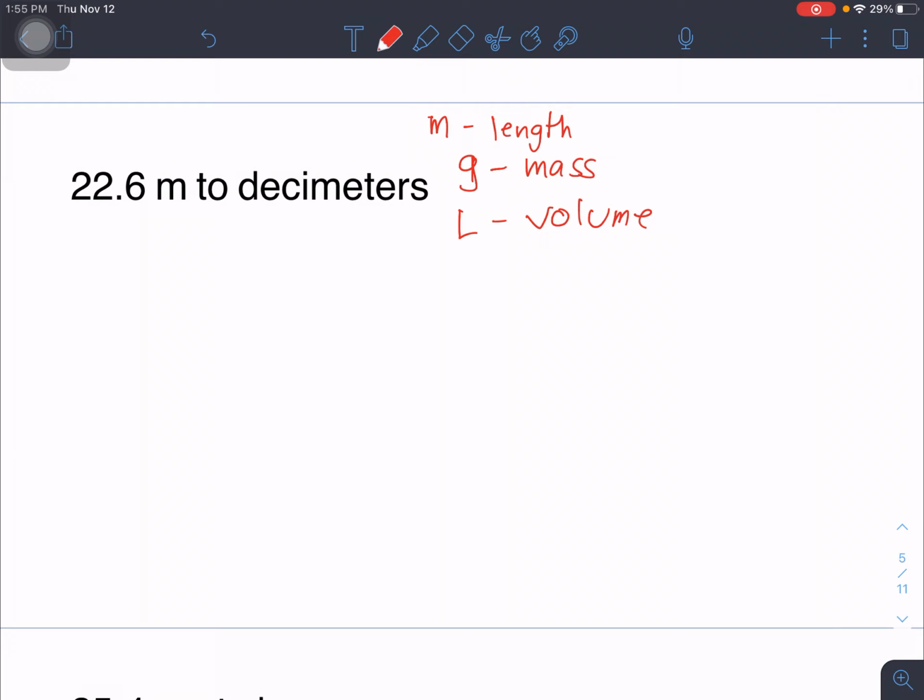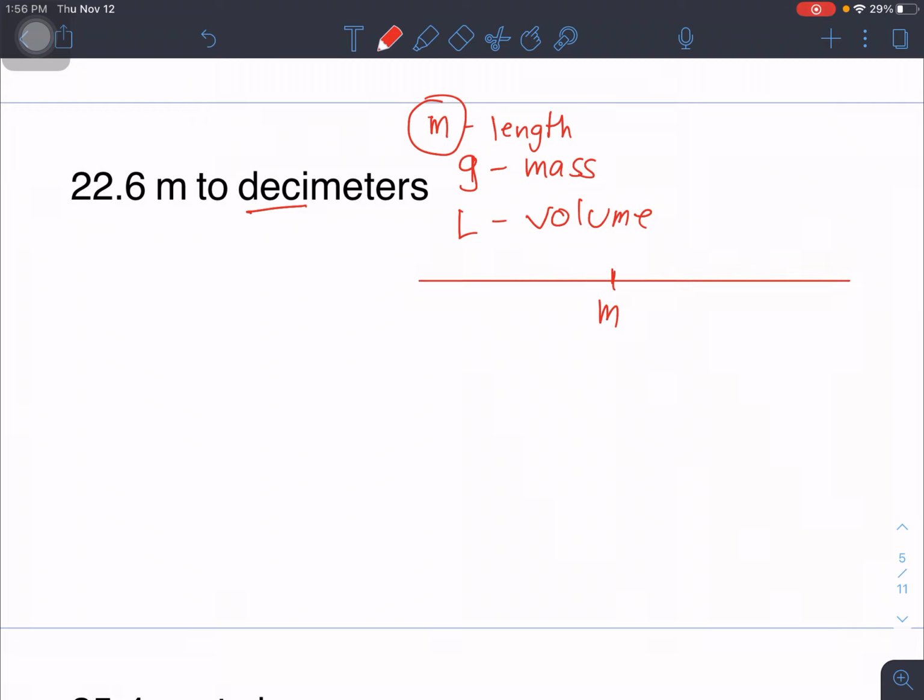Typically the prefixes such as deci or milli or centi or kilo correspond to a certain exponent of ten. This is applicable also for grams and liters.